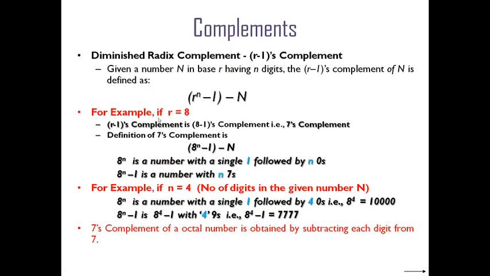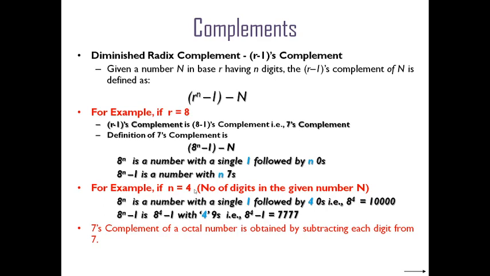Now in detail, if you go from the definition, the r minus 1's complement, for the 7's complement, the definition is 8 power n minus 1 minus the number, where 8 power n is indicating the 1 after n zeros, and 8 power n minus 1 is n sevens.